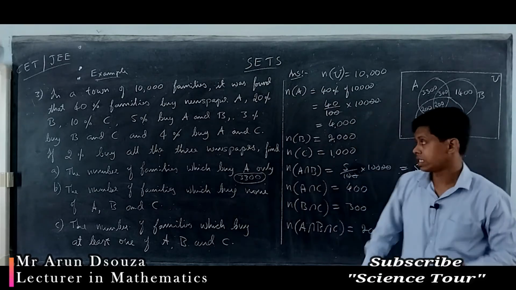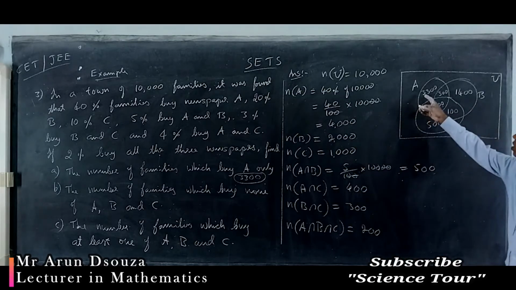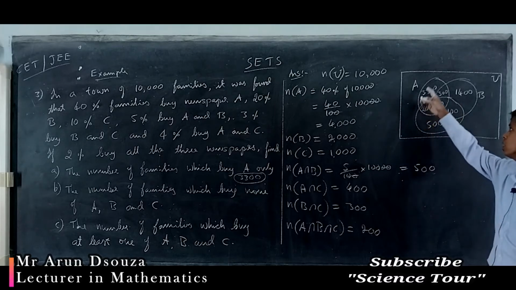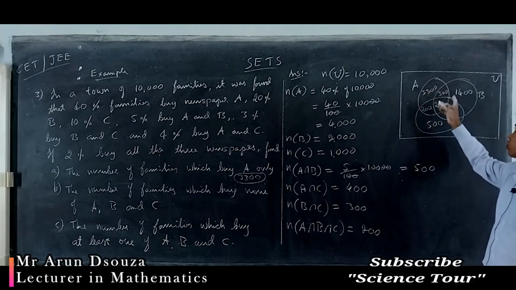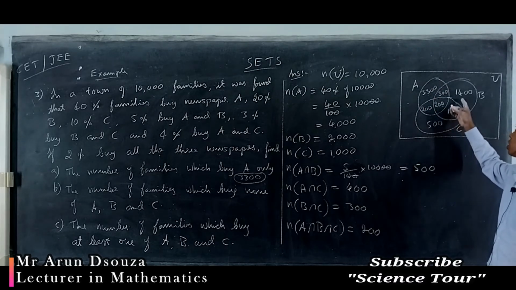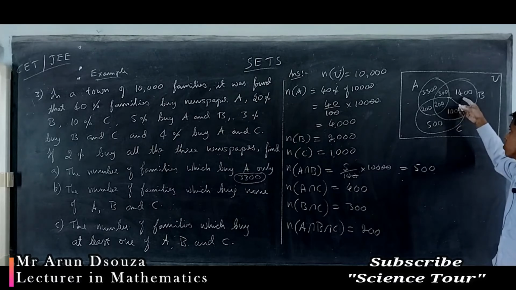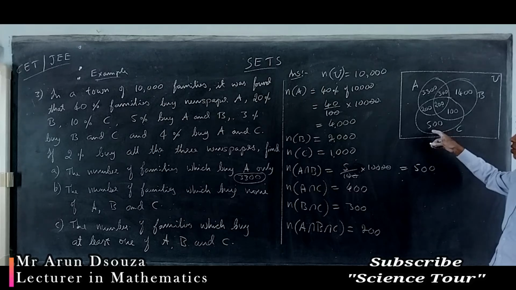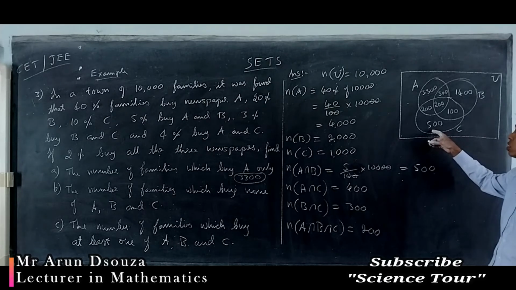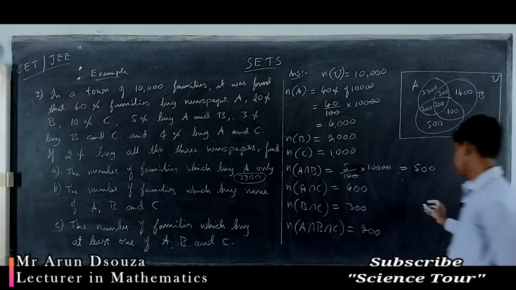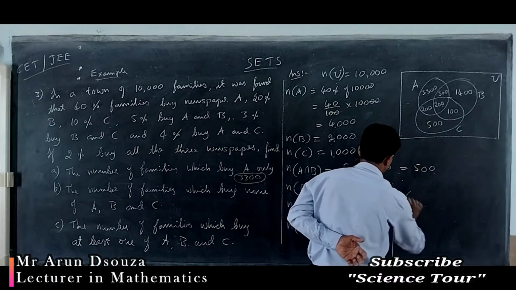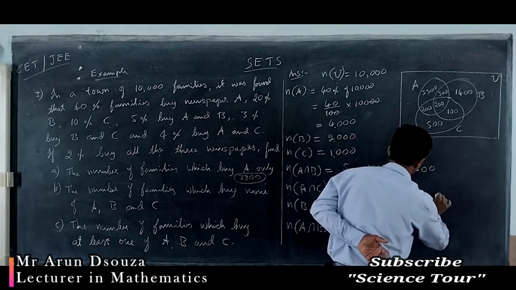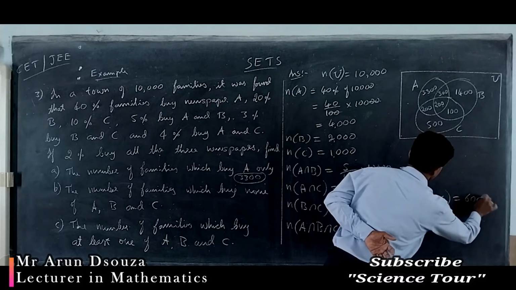So you have this total 4,000, 5,400, 5,500, 6,000. Correct? So 6,000 is A union B union C. N of A union B union C is 6,000.